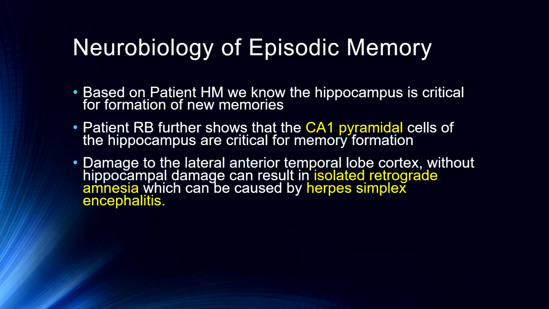So we also know that damage to the lateral anterior temporal lobe without hippocampal damage can result in isolated retrograde amnesia, which is relatively rare, but we do see cases in herpes simplex encephalitis where people have pretty significant retrograde amnesia. The case of Clive Waring, he had both retrograde and anterograde amnesia, extensive damage due to herpes simplex encephalitis.